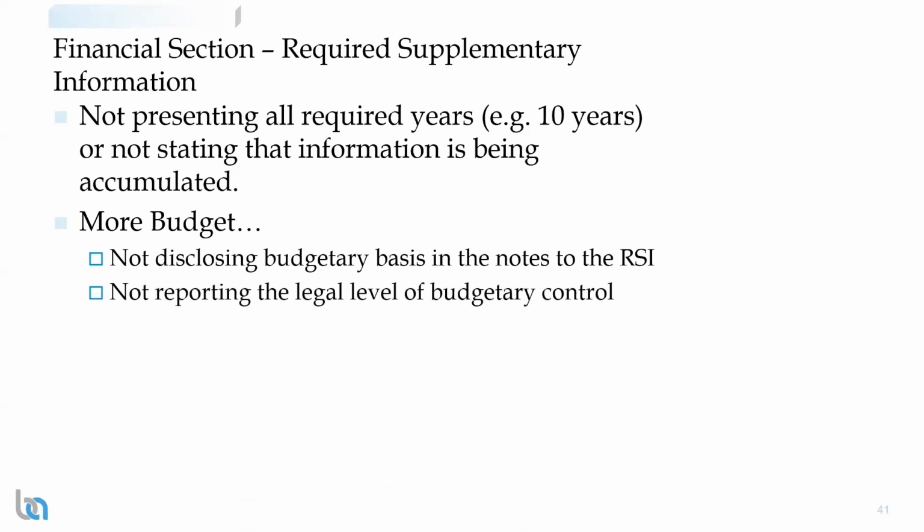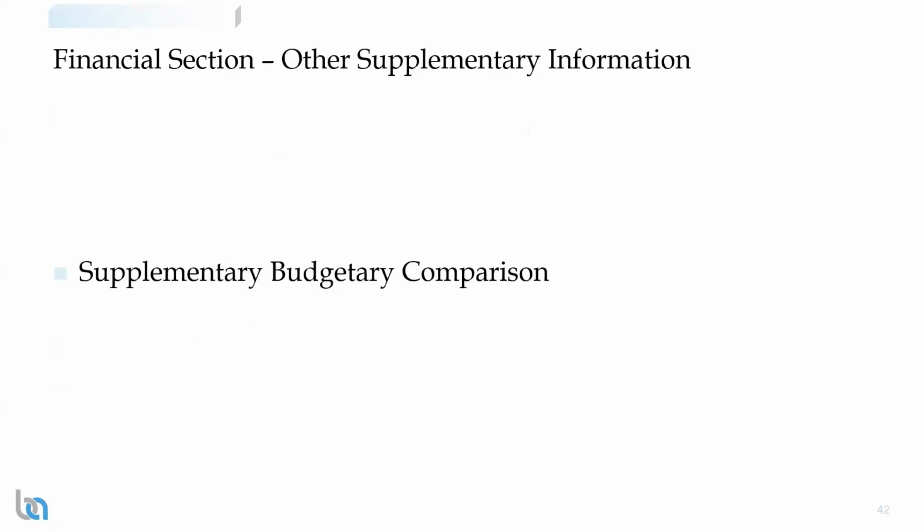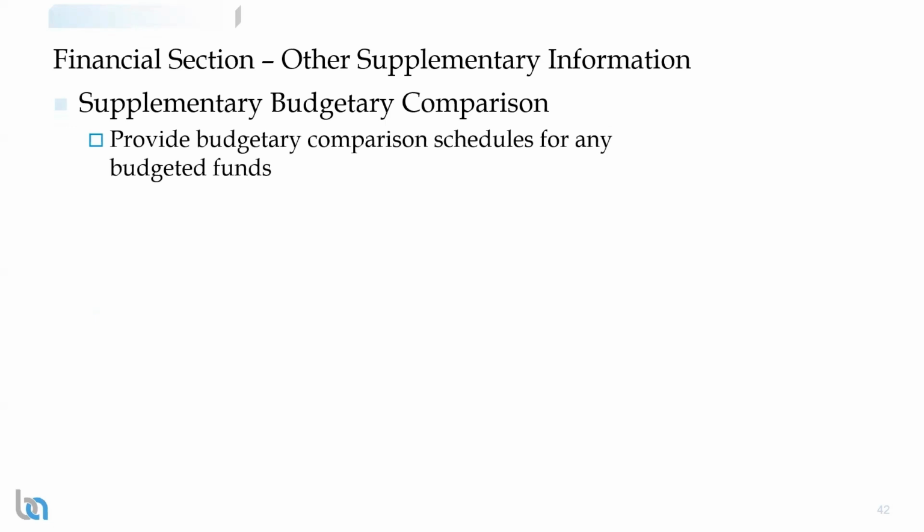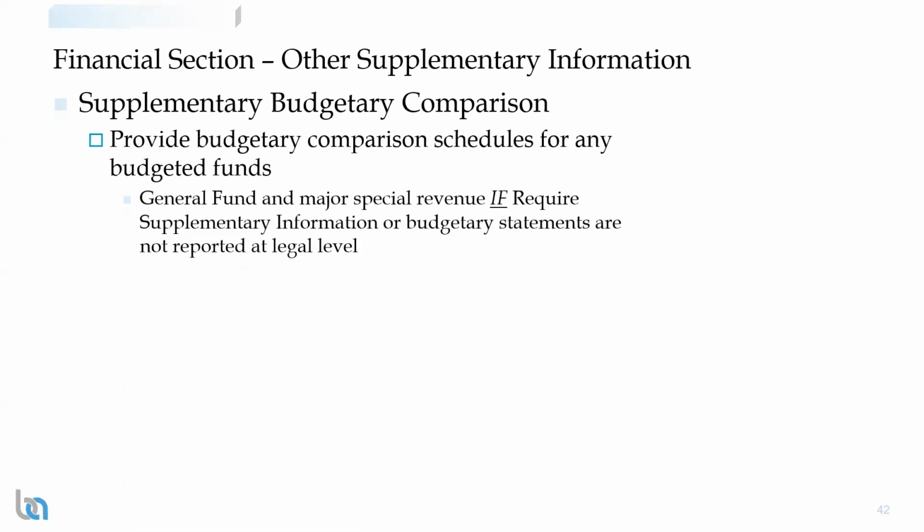There's some more information about budget. Not disclosing the budgetary basis is a common omission. Not reporting the legal level of budgetary control is required. If you do include a supplementary budgetary schedule as supplementary information, this is if your RSI is not at the legal level of budgetary control.